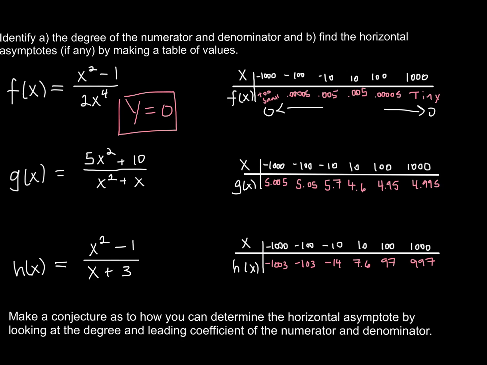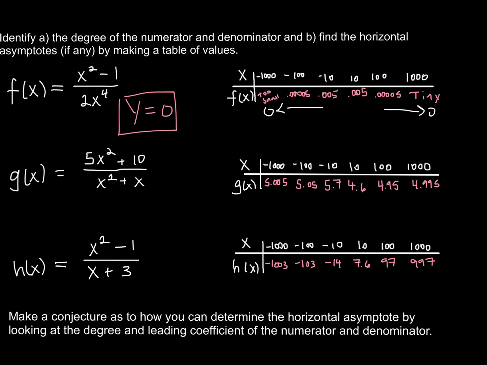So when we're graphing our function, we can draw this dotted invisible line through y equals 0, which is, of course, just the x-axis. And if you look at the graph of this function, you'll see that as I move far to the right and far to the left, my function is getting closer and closer to the line y equals 0.